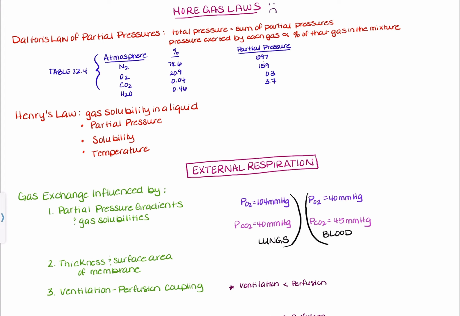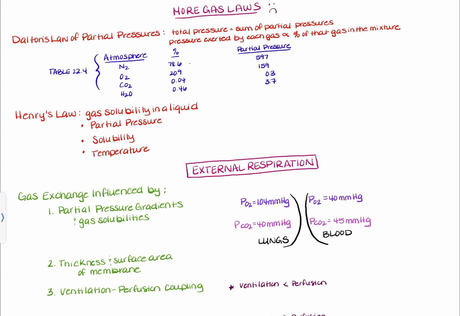So how did we find all of these different partial pressures? Well, we used Dalton's law. We know there's 760 millimeters of mercury total pressure from all of these gases. So we basically take the percent of that gas found in the atmosphere.